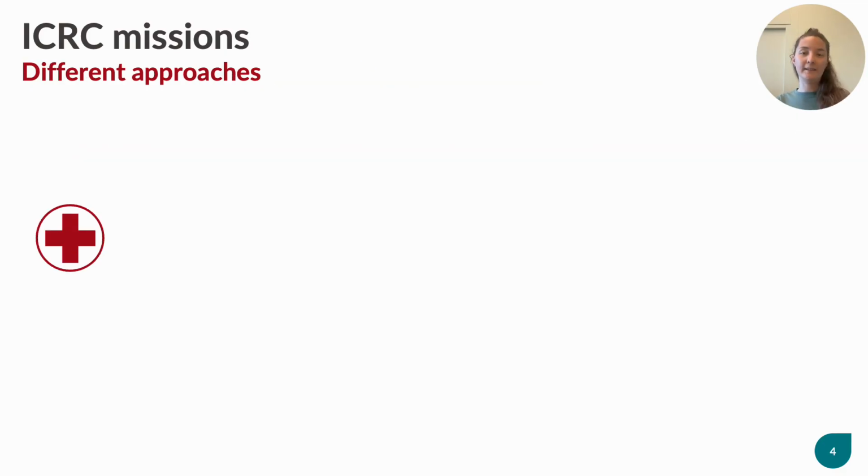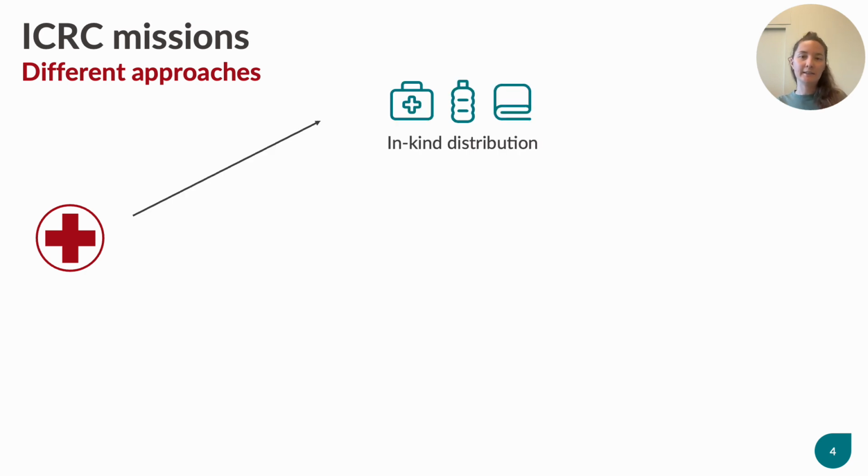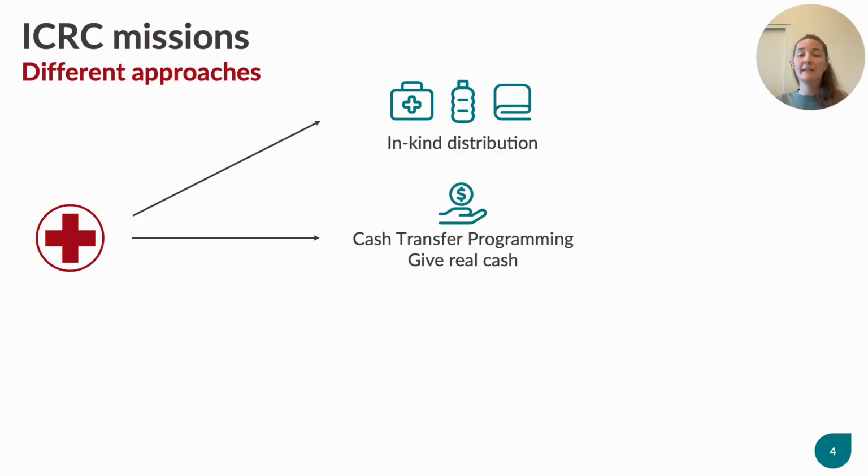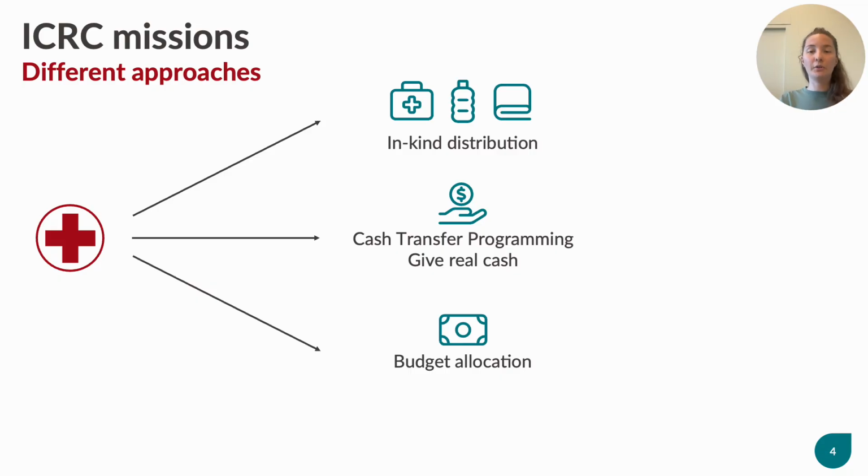To distribute aid, the RCRC has different approaches. They can do in-kind distribution and give goods and food directly to the recipients. They can do what they call cash transfer programming and give real cash to the recipients. And finally, they can allocate a budget. To reduce the risks of the pen and paper approach, the RCRC seeks to digitize its process.